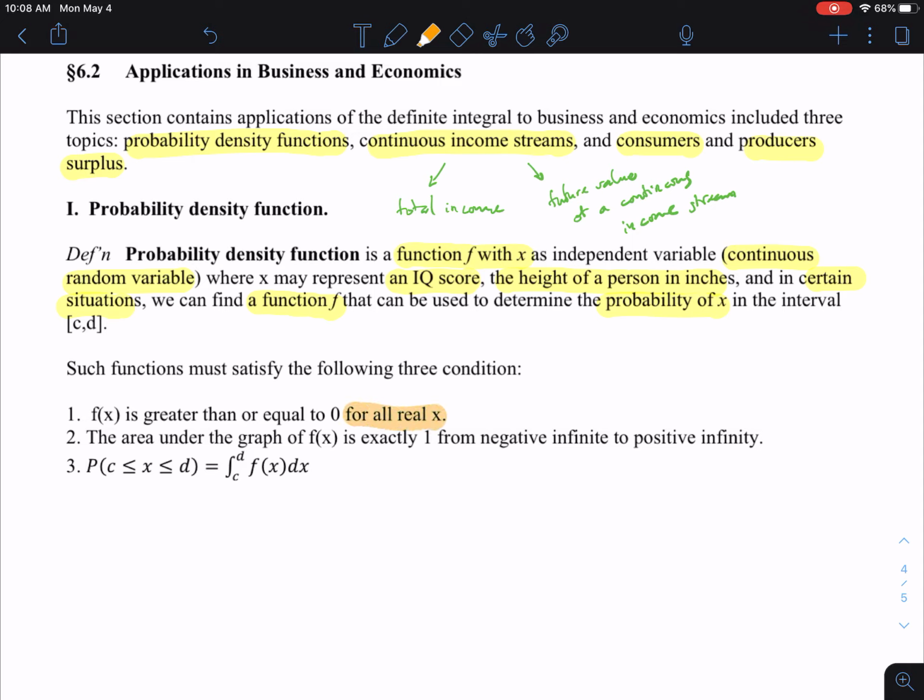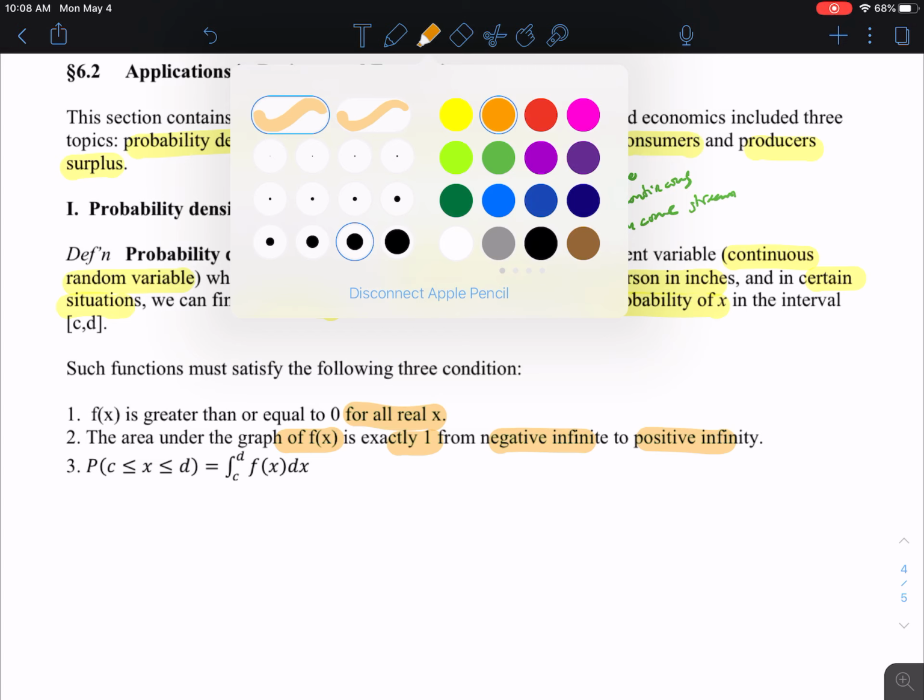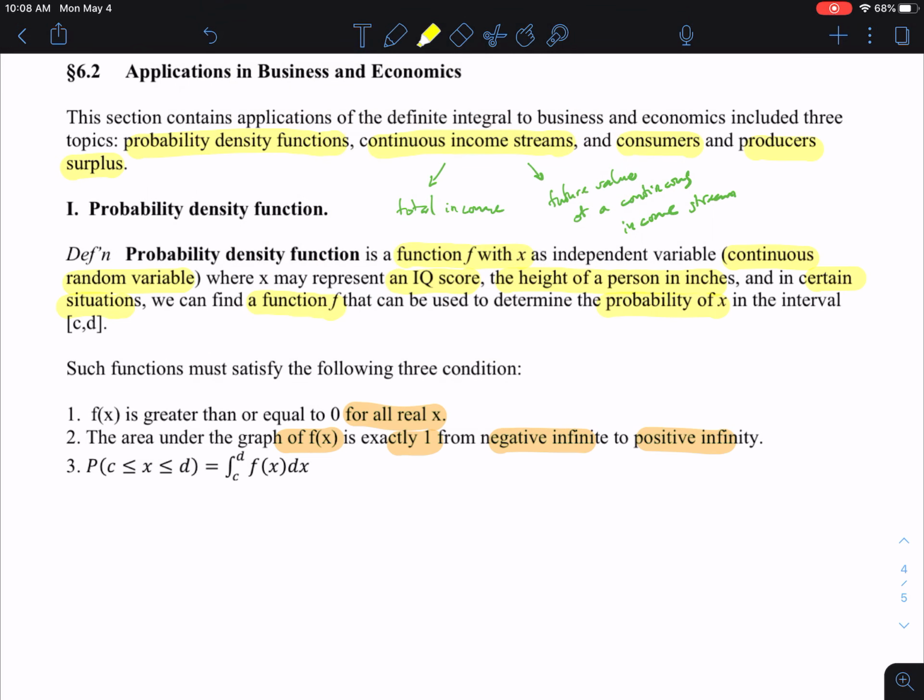The area under the curve of the graph of f is exactly 1 from negative infinity to positive infinity, and the probability of x between c and d is equal to the definite integral of that density function from c to d. So that's a lot of formal stuff, just to establish that we have what we need in order for something to be considered a probability density function.